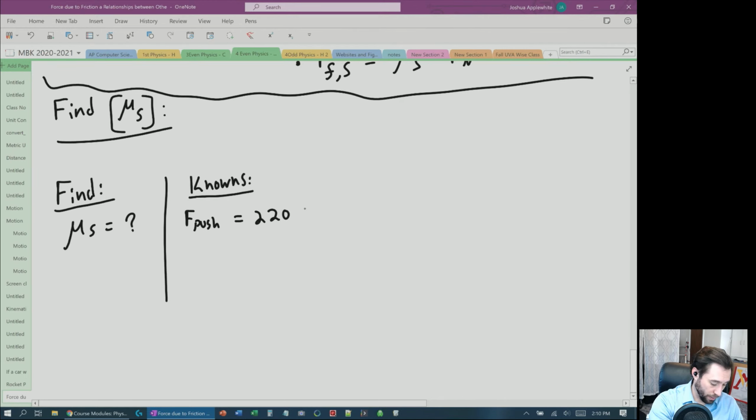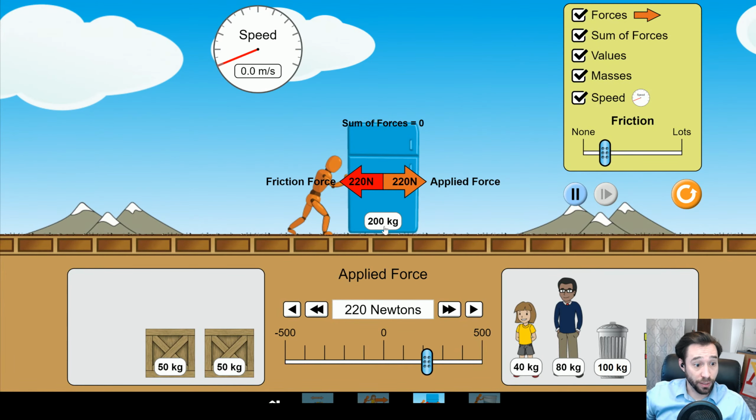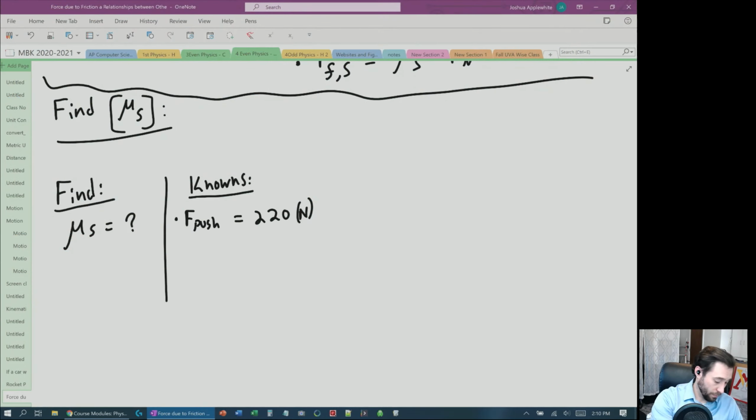It's a weird looking N. I also know that the mass is 200 kilograms, so M equals 200 kilograms.